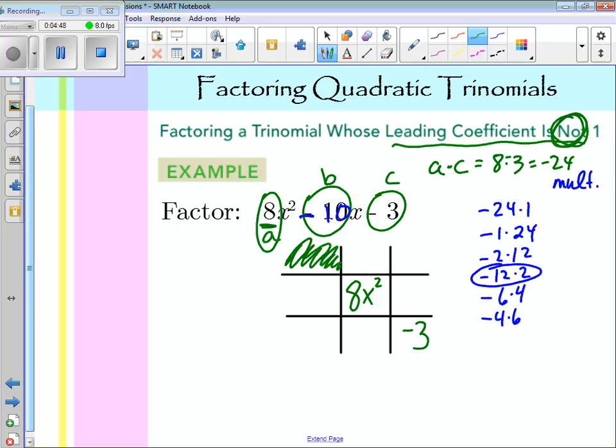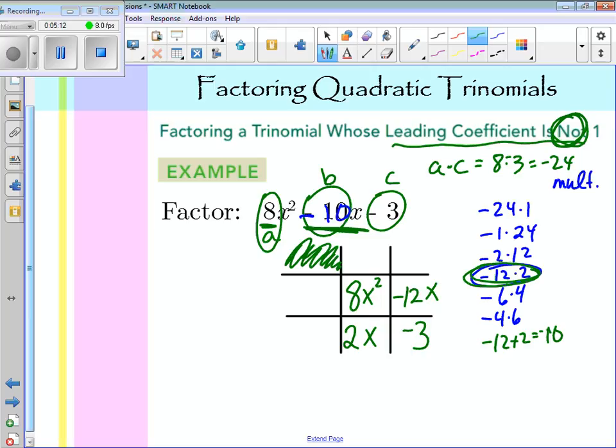And then the two numbers that we came up with here, those two go in the diagonal. It does not matter the order. And since negative 12 plus 2 is negative 10, we're not actually looking for negative 12 and 2 alone, we want them to add up to negative 10x. So it would be a negative 12x and 2x.